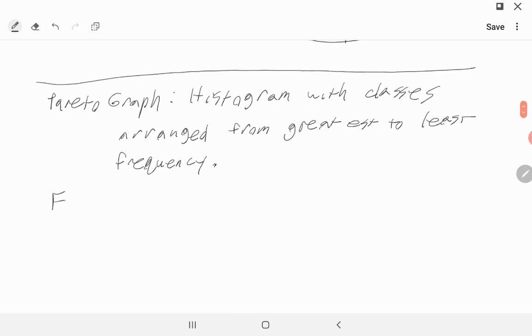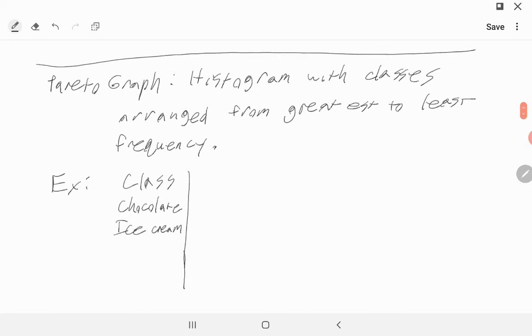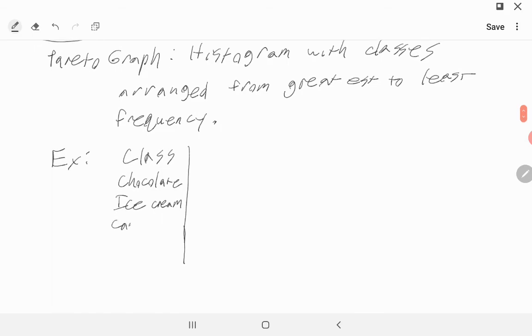So just to see a quick example of that, if we said something like dessert preferences, we might make a chart where the classes might be chocolate, ice cream, candy corn, and let's just pick a fourth one, Jello.